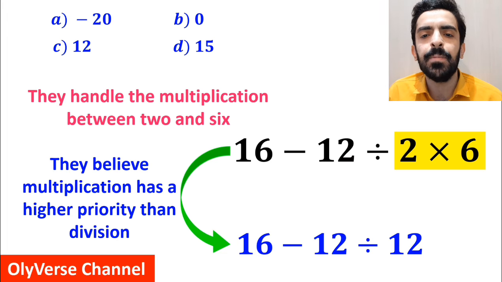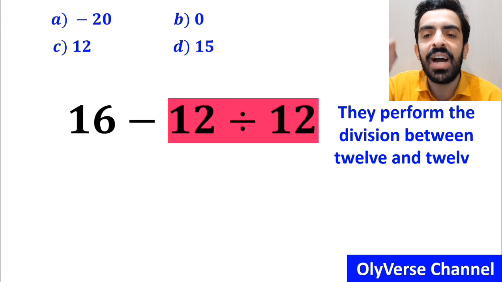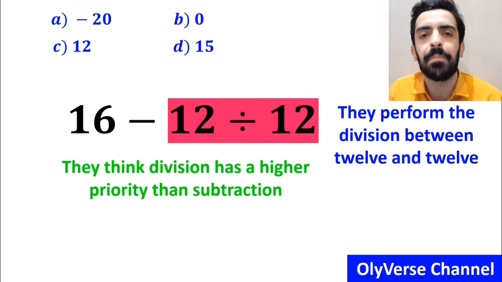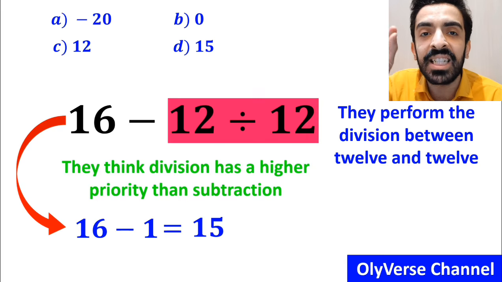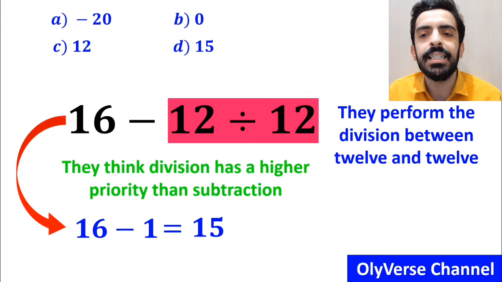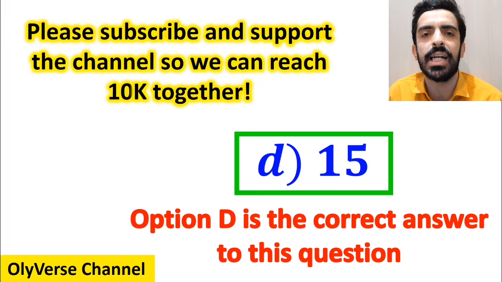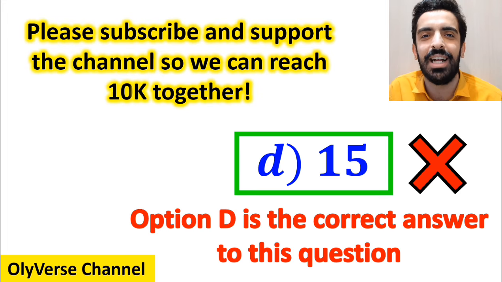So, they rewrite this expression as 16 - 12 ÷ 12. In the final step, they perform the division between 12 and 12 because they think division has a higher priority than subtraction. So, they simplify this expression to 16 - 1, which ultimately gives them the answer 15. And immediately, they conclude that option D is the correct answer to this question. But I have to say, we're tricked and it's not the correct answer to this question.